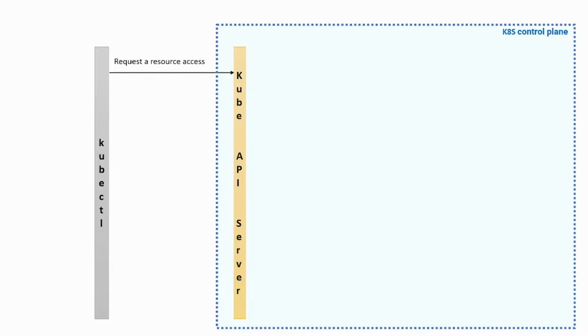So first we request access to a resource in Kubernetes. Then first of all, the API server will verify whether the certificate is valid, and it will see which user is requesting the access.